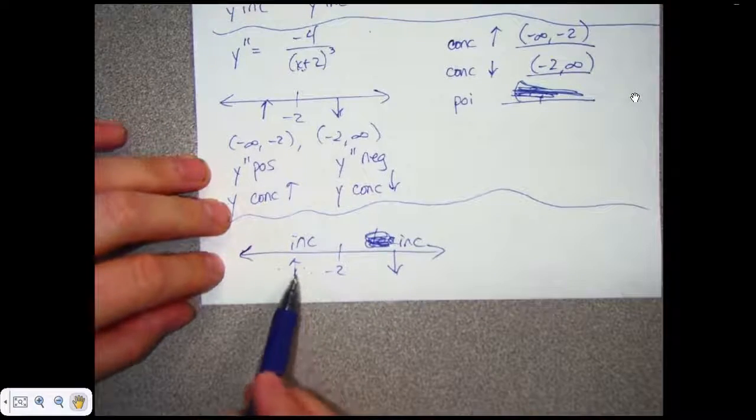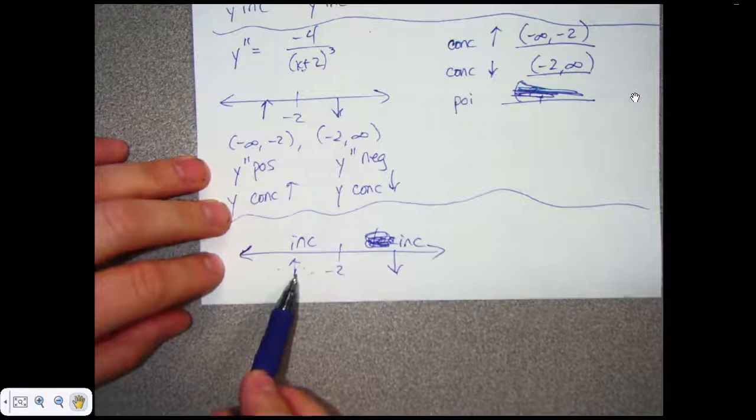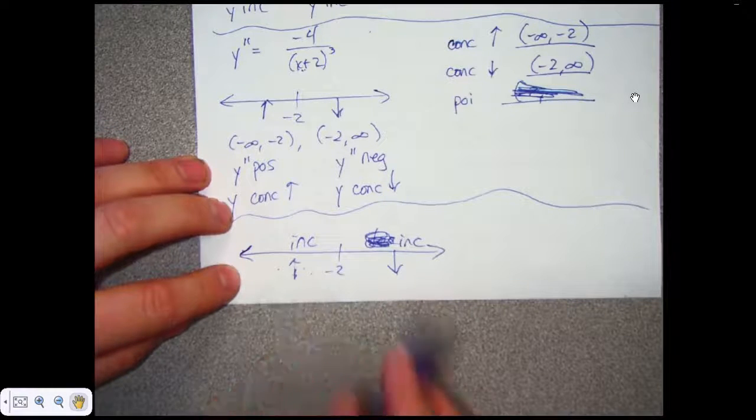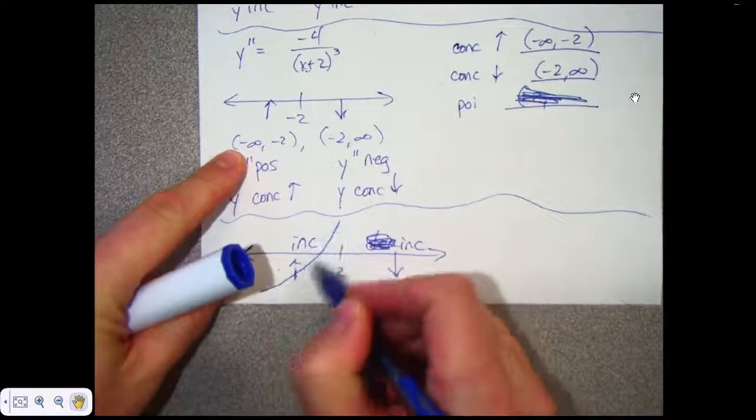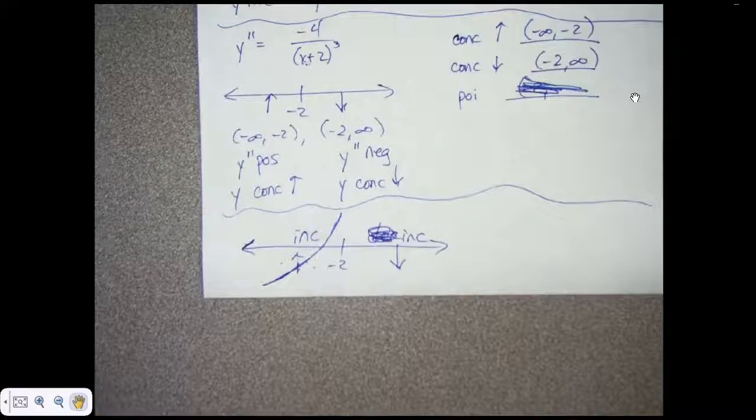Increasing and concave up. So I always think about the concave part first. So concave up is a U. So this concave up part is going to make a U. And I want the increasing part of the U. So do I want the first half or the second half? Well, the second half. So then that tells me that this shape here looks like that.